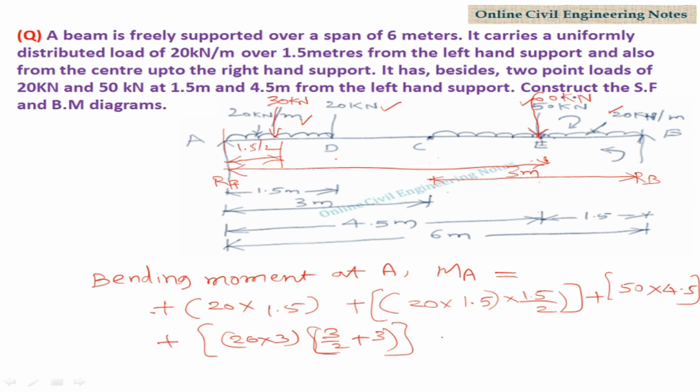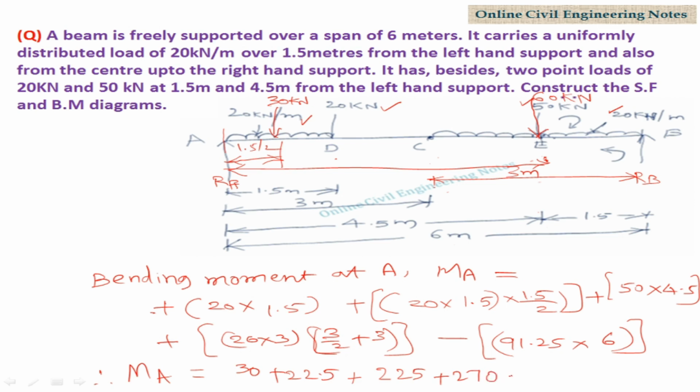Take the anti-clockwise moment and sign is minus: RB 91.25 into perpendicular distance from B to A, 6 meters. Therefore MA is equal to 30 plus 22.5 plus 225 plus 270 minus 547.5. Therefore MA is equal to 0.